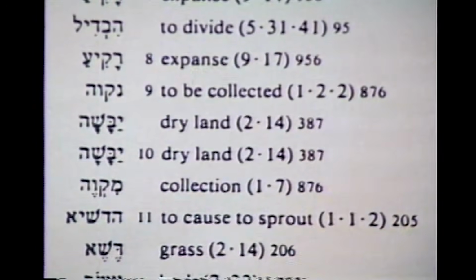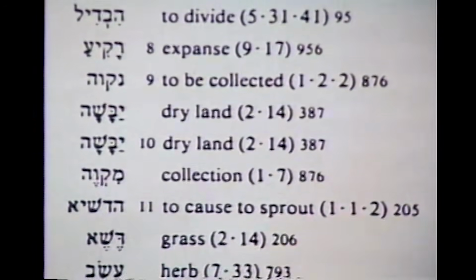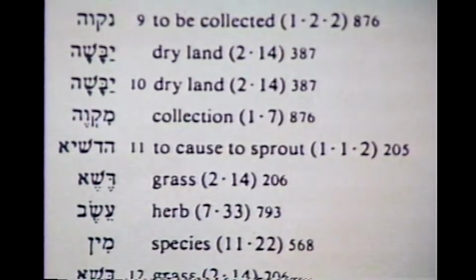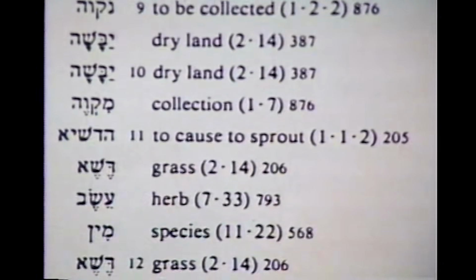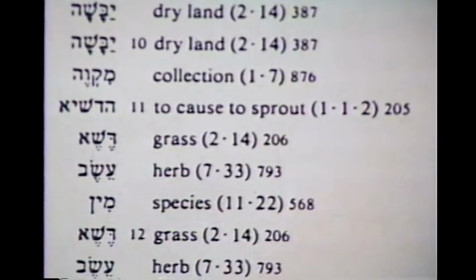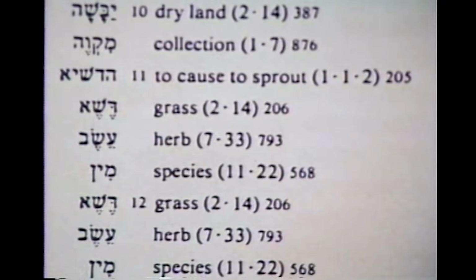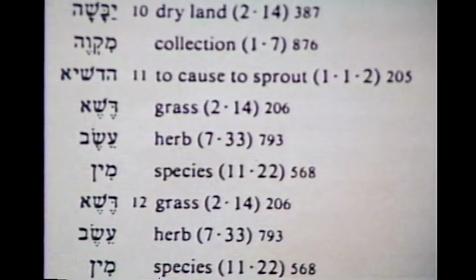Dropping down to verse 11, to cause to sprout. One time in the book itself, and then one time in the Old Testament, but yet the third number gives the frequency of all the stems of a given verb.